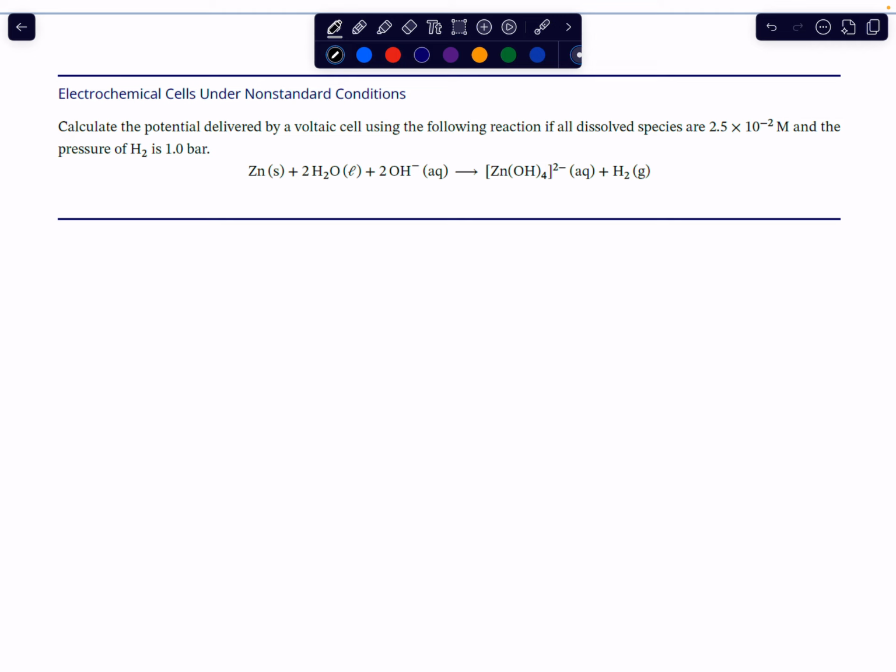You can look in the appendices of a textbook, wherever you would like to look it up, but you can see that the zinc is oxidized, and the zinc oxidation reaction, if you look that up, you will see that it is zinc solid reacting with 4OH minus aqueous, which produces the zinc hydroxide complex plus 2 electrons, right?